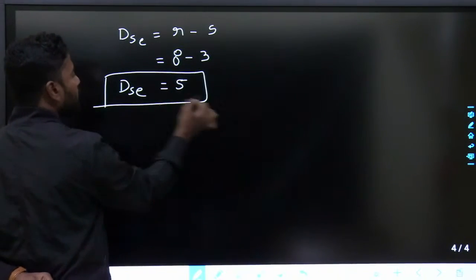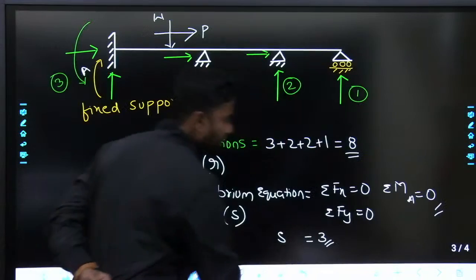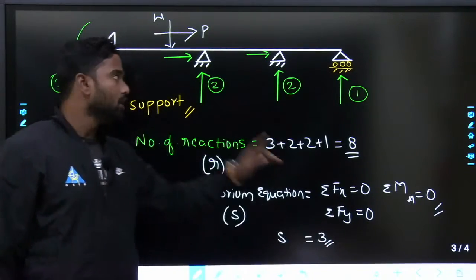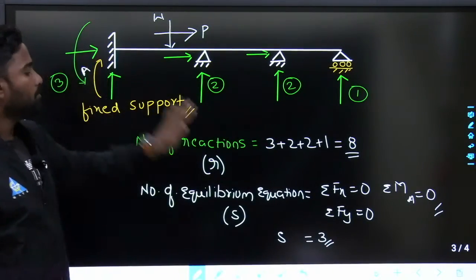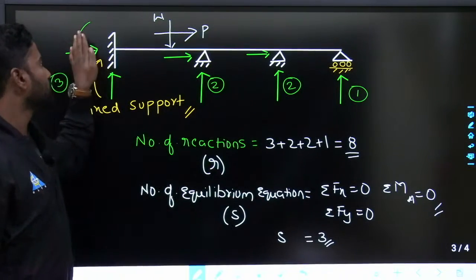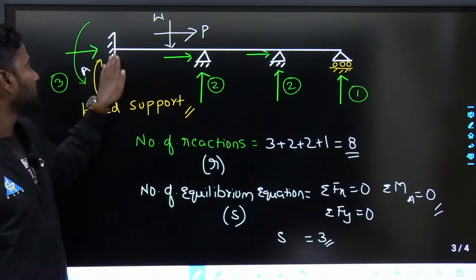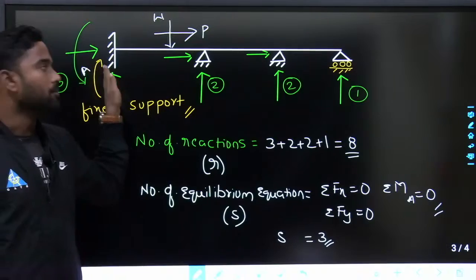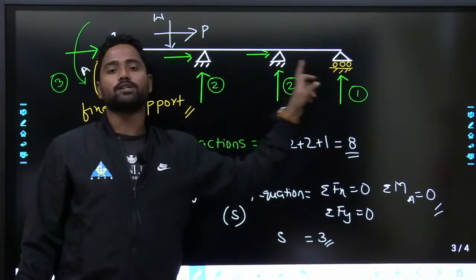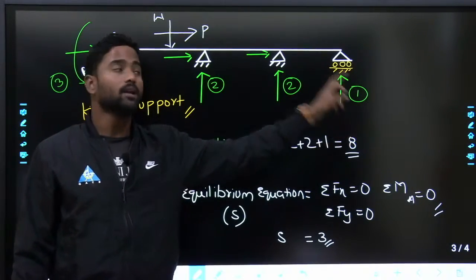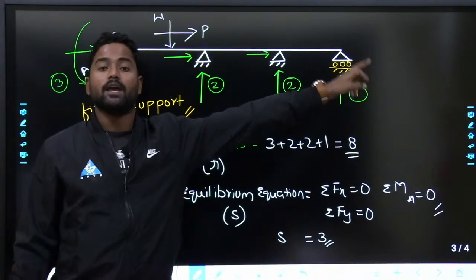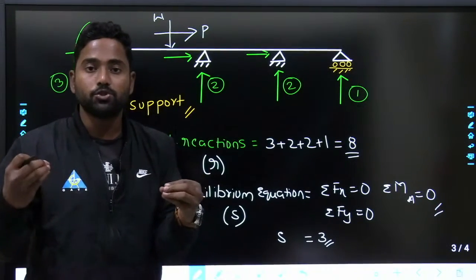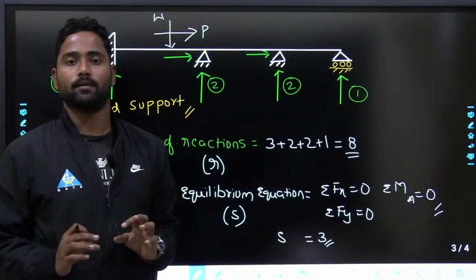This is unknown reactions. That means by using 3 equations, you can find out 3 variables. Let us say by using all 3 equations, I can find the vertical reaction, horizontal reaction, and moment, but I can't find the other reactions. So here there will be 5 unknown reactions. Indeterminacy means which you can't determine.